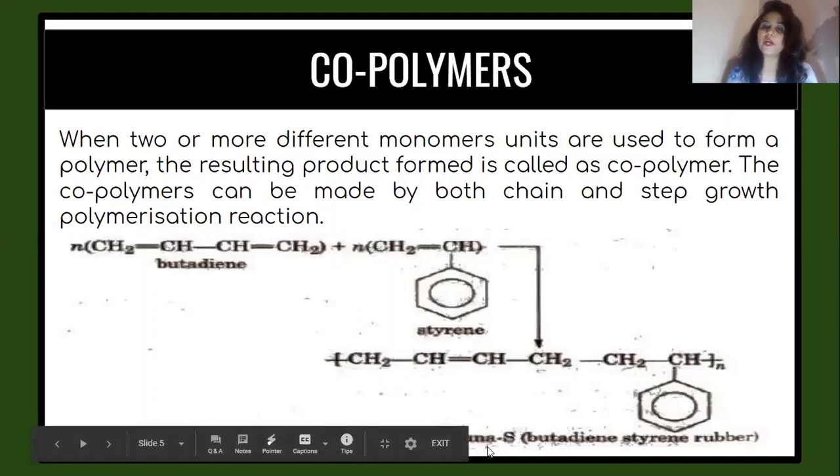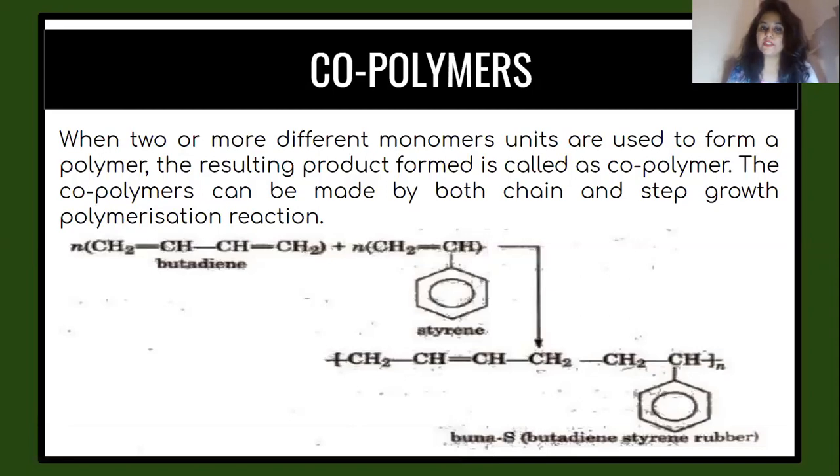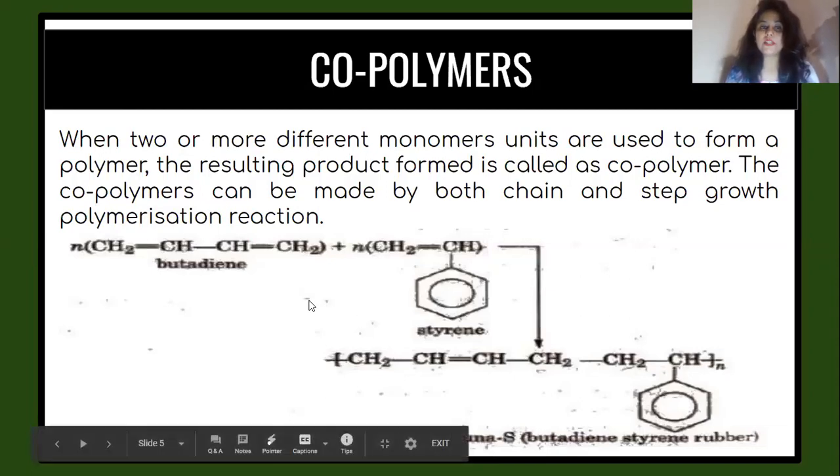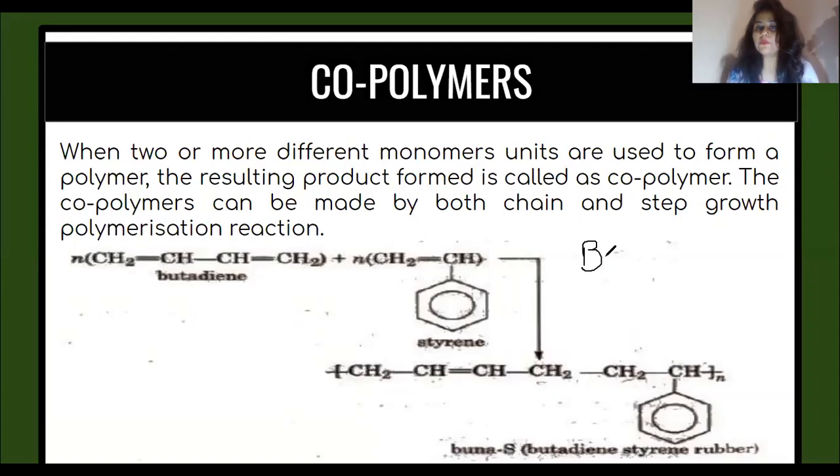Now Buna-S, why is it called Buna-S? You might be wondering. The simplest way of remembering is that Bu stands for butadiene, because we are reacting butadiene into the structure. Na stands for sodium. Why sodium? Because the reaction takes place in the presence of sodium, which is Na.